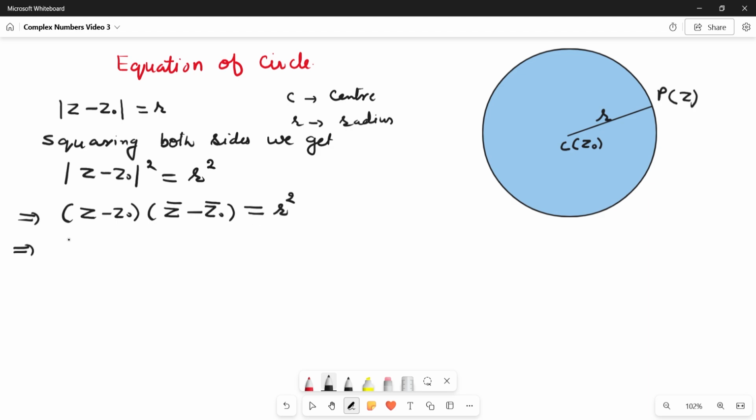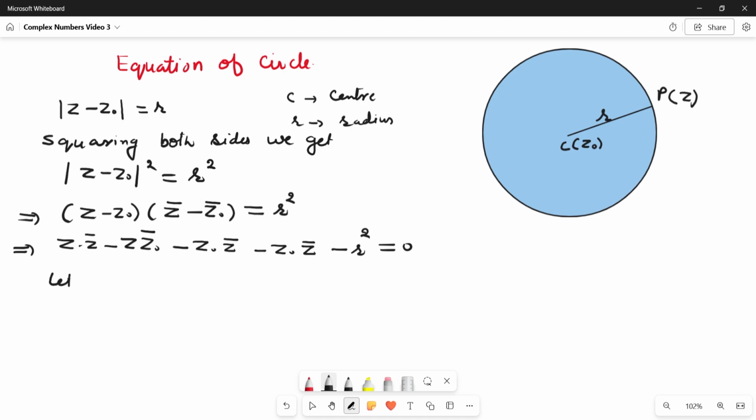Open the bracket. z into z bar minus z into z naught bar minus z naught into z bar plus z naught z naught bar, and transfer this to the left side, we get this.